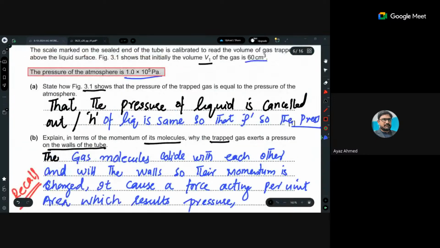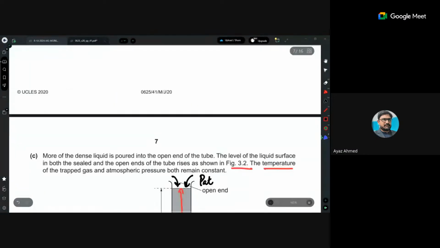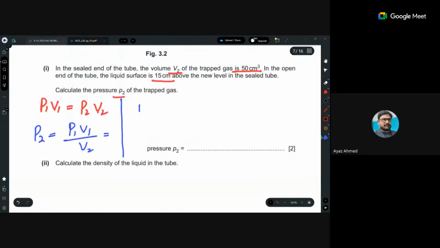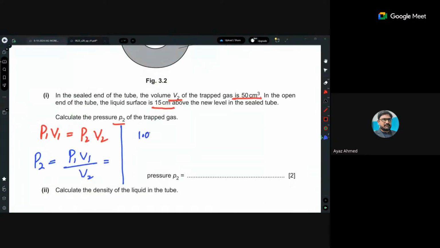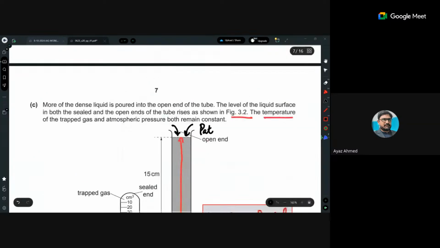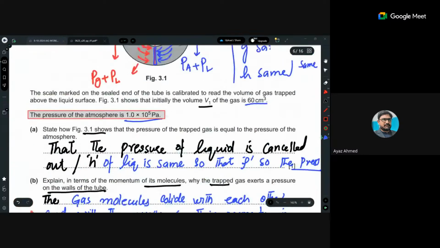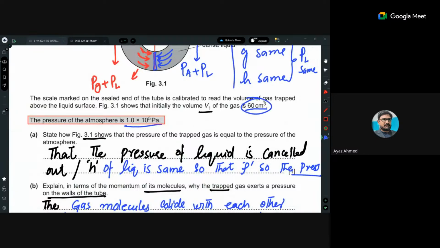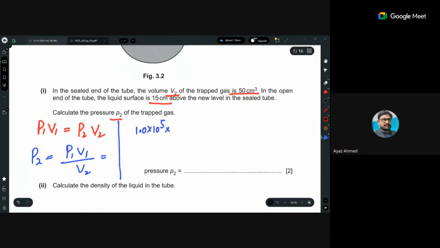I told you, this is the horrible information. So it is 1.0 into 10 raised power 5 into V1, which was given there. I think here it was 60 cubic centimeter. So it is 60. No need to convert centimeter because V2 is also in centimeter, divided by 50. So please calculate it for me.